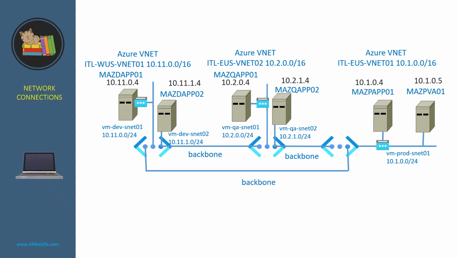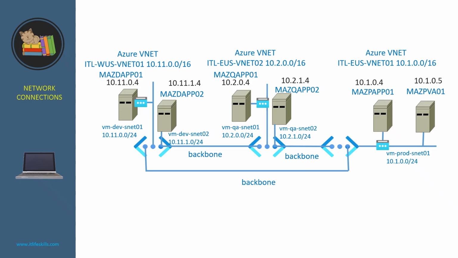So in this network, there exists a physical connection between the QA and the development VNets, and between the production and the QA VNets, and between the production and the development VNets. However, there is no routing between the VNets, which prevents the VNets from communicating among each other.